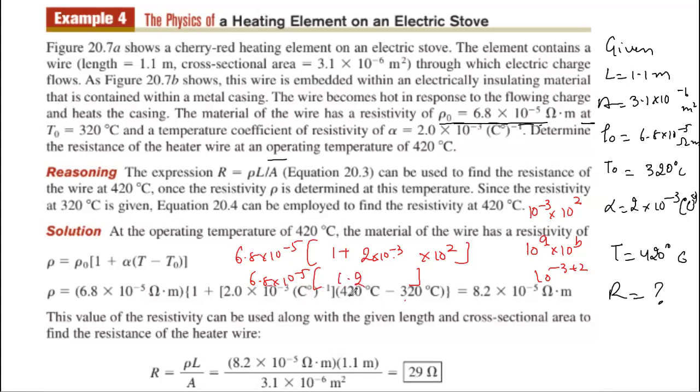You can multiply these two numbers, 6.8 into 10 to the power minus 5 times 1.2. And this comes out to be 8.2 into 10 to the power minus 5. So what we got over here, let me write that.